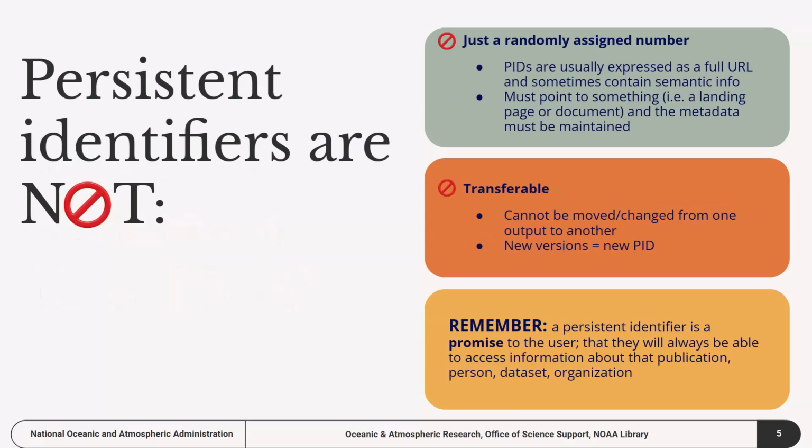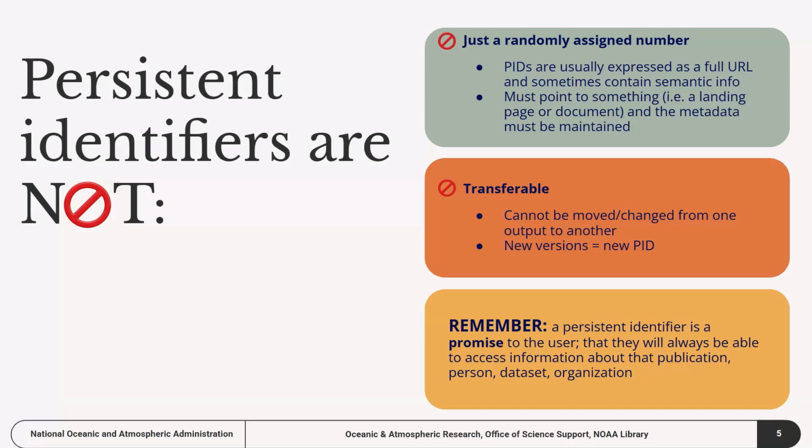So, what persistent identifiers are not. And I know I say this a lot, and I just want to reiterate it because there's a lot of misconceptions around a PID and how they work and how they function. It's not just some randomly assigned number. They are expressed as a full URL.